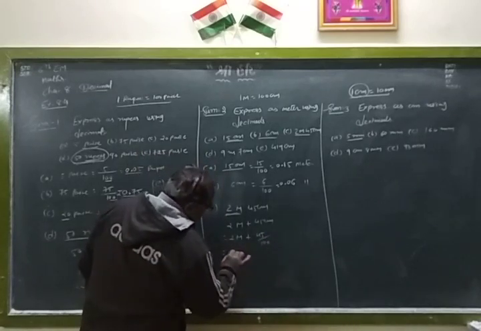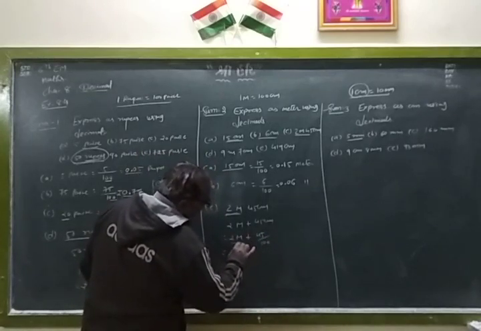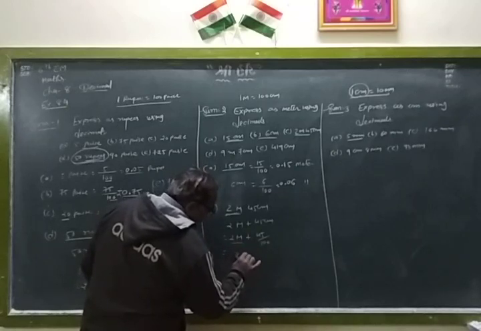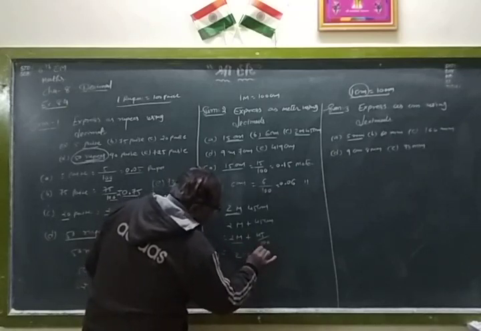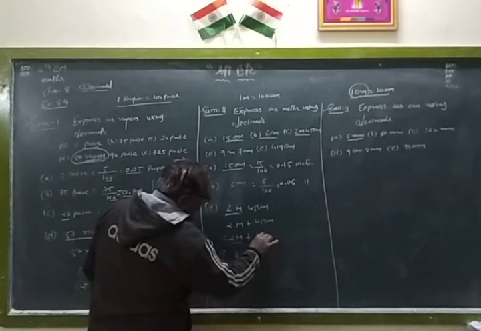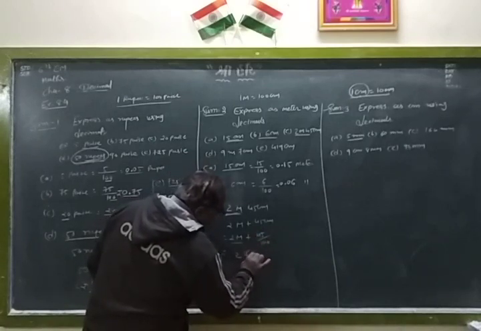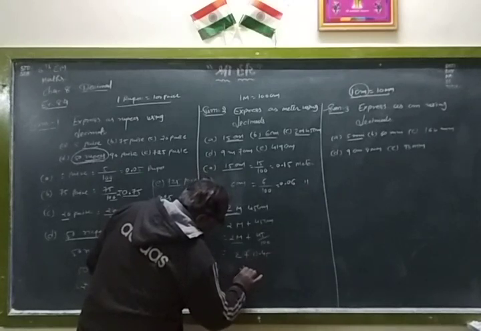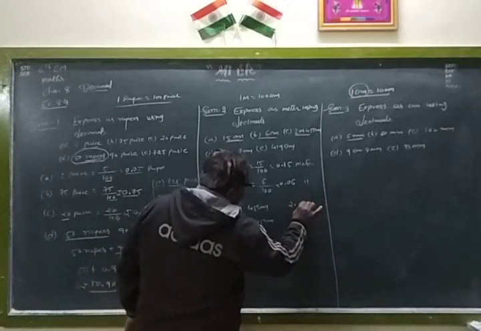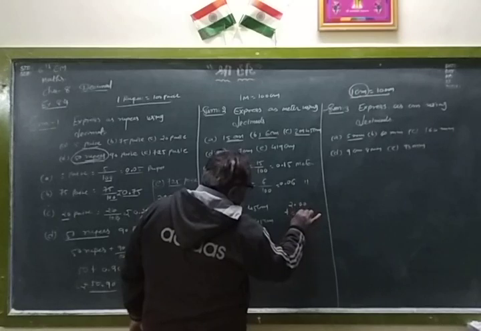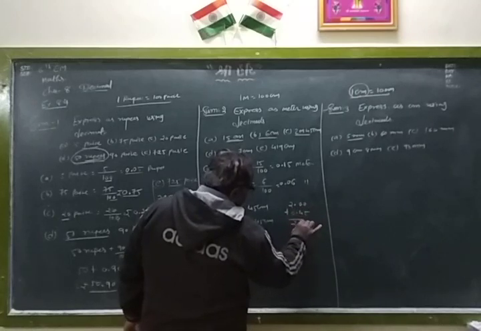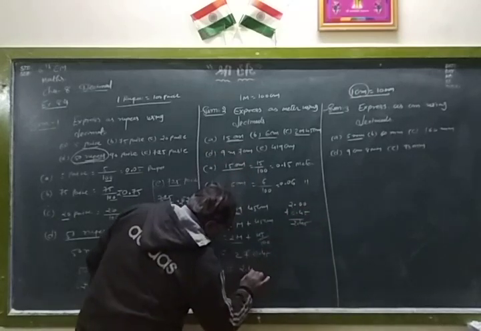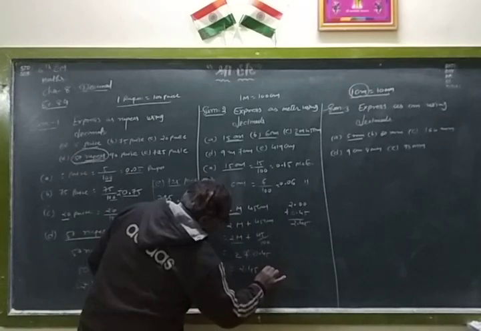So 2 meter is 2.00, plus 45 centimeter is 0.45, so 2.00 plus 0.45 is 2.45 meter.